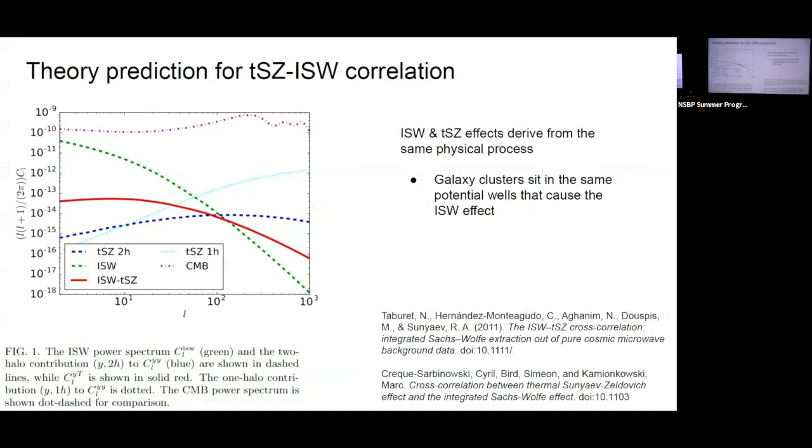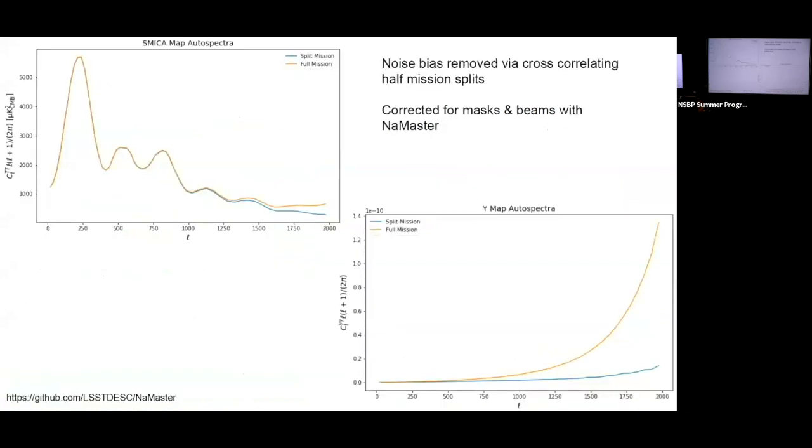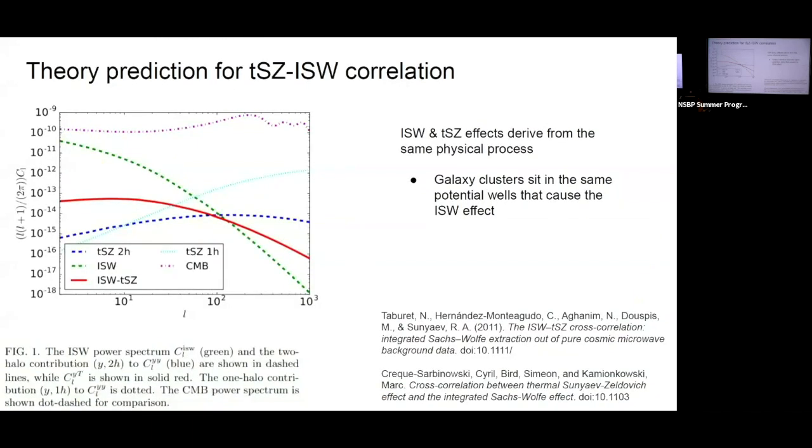The purple curve up here is the full CMB. That's very similar to SMICA, but these are log scales, so it looks quite different. The red curve is the theory prediction for the ISW TSC cross correlation. It's much smaller than the actual CMB signal, once again on log scales.